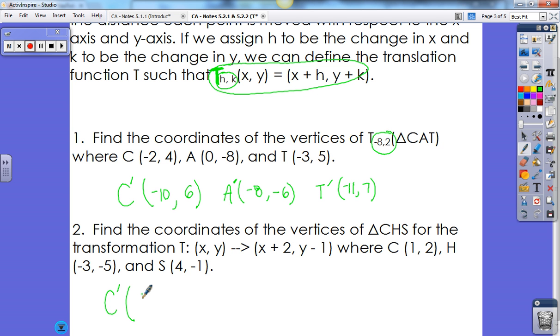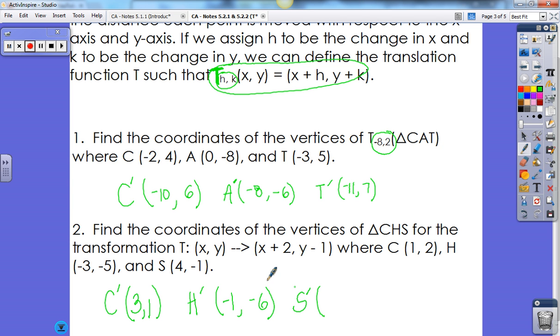So x is 1, 1 plus 2 is 3. For my coordinate C, I have 2, so 2 minus 1 is 1. So that's C prime. H prime then would be negative 3 plus 2 and negative 5 minus 1.